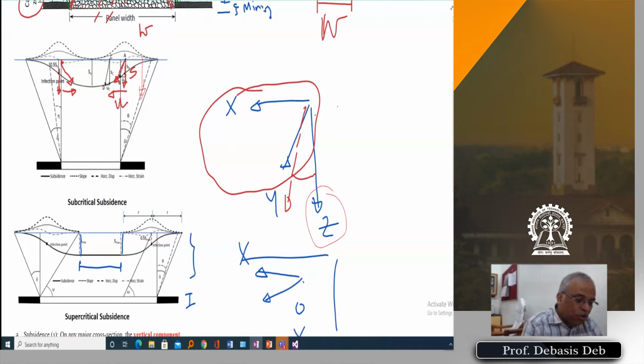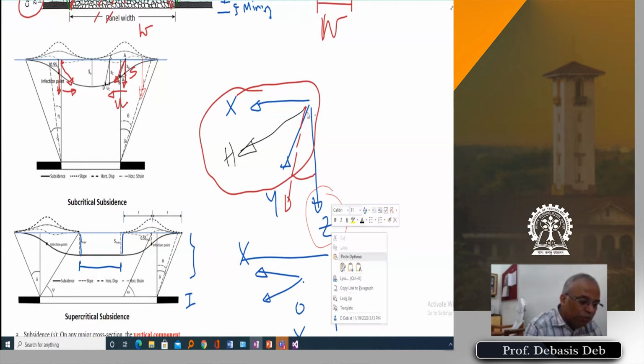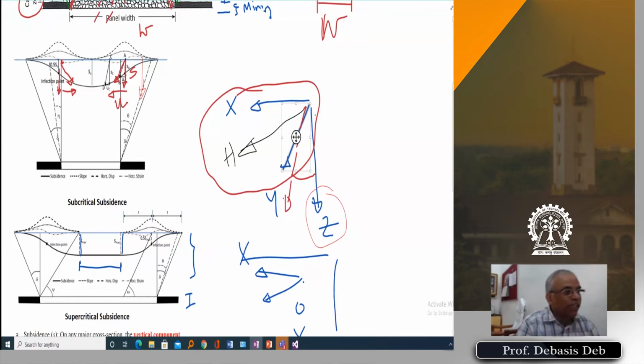So these 2 horizontal displacements may be in any direction, and the resultant of this horizontal displacement and this vertical displacement will be your actual subsidence here. Okay. So that is what it means. When the particle moves, it moves in 3D. That is what I am trying to show you here.